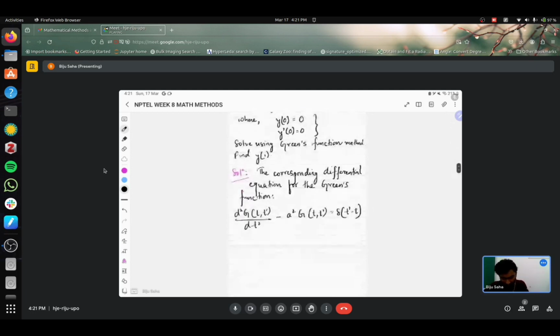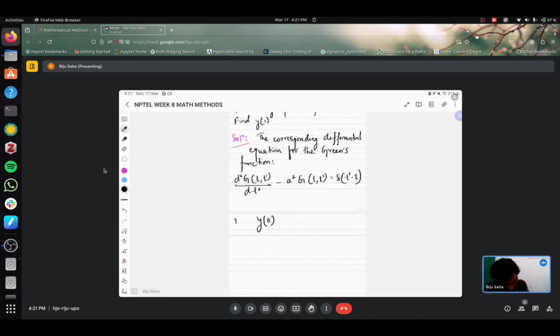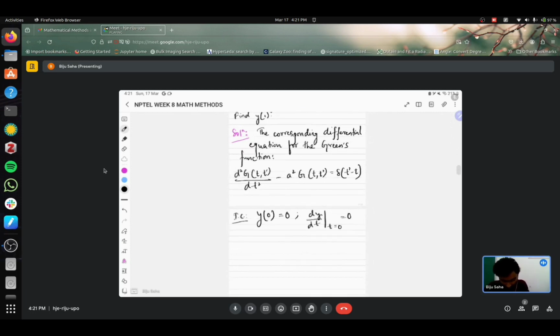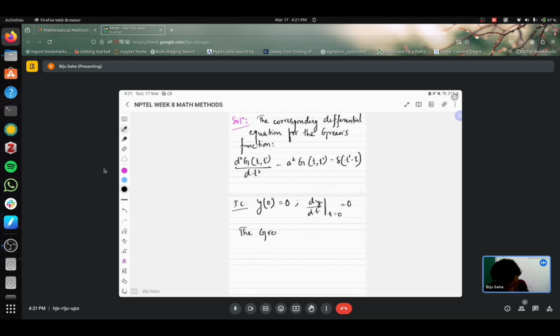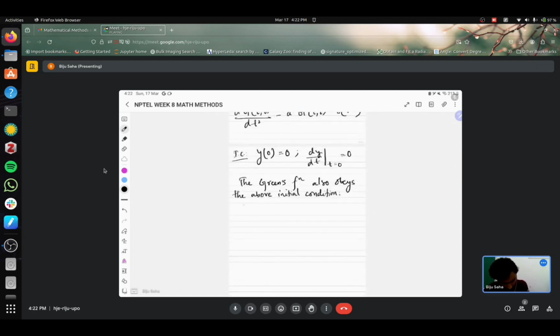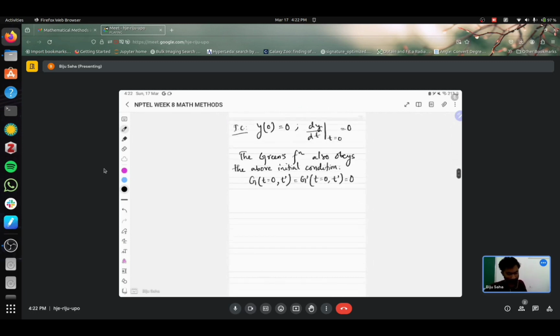So basically I have the initial conditions y(0) and y'(0). The Green's function also obeys the above initial conditions. So these are the two initial conditions of the Green's function.